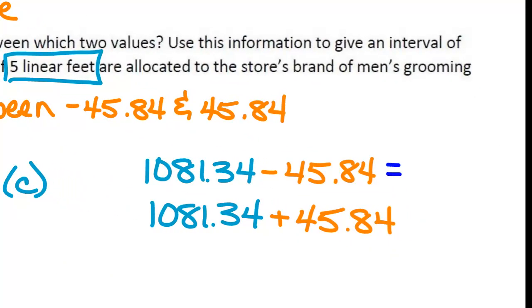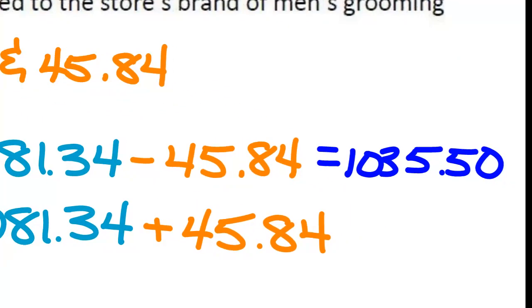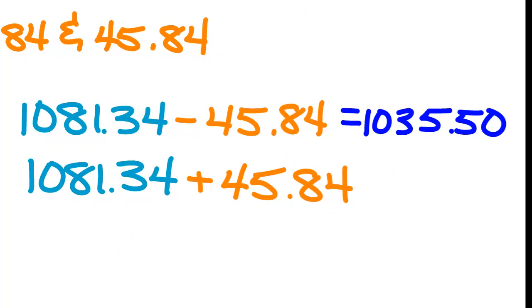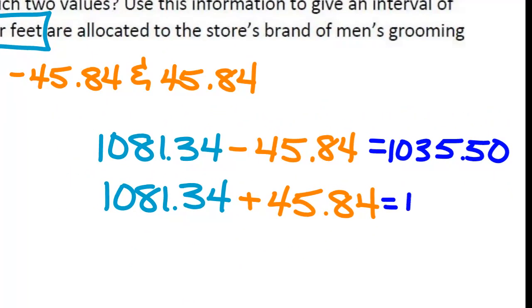And you get, I think it's 1035.50. So I'm doing this in my head. And then up to 1127.18. There you go. So it'd be in between those two values there.